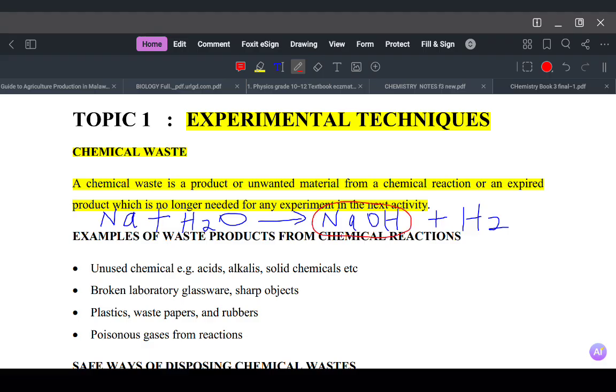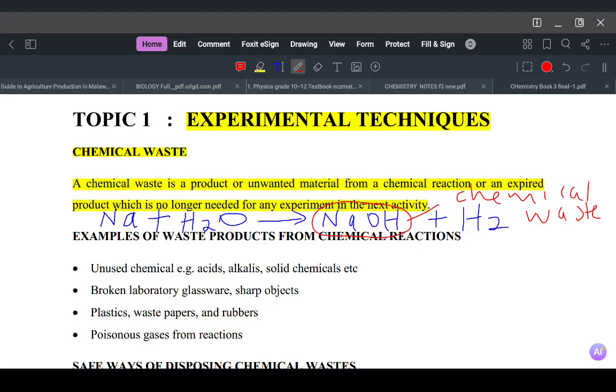You may not have any use for the sodium hydroxide solution which you have made, so this is considered to be a chemical waste, because it may not be required again in a future activity. Therefore, it is considered a chemical waste since it's a product from a chemical reaction.